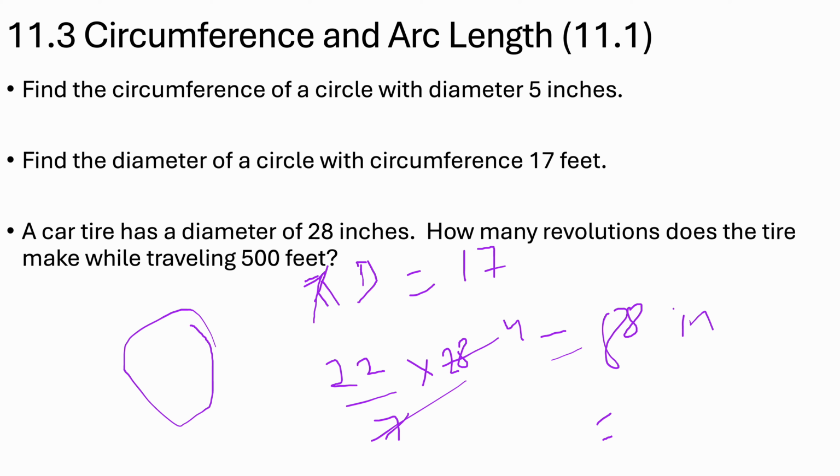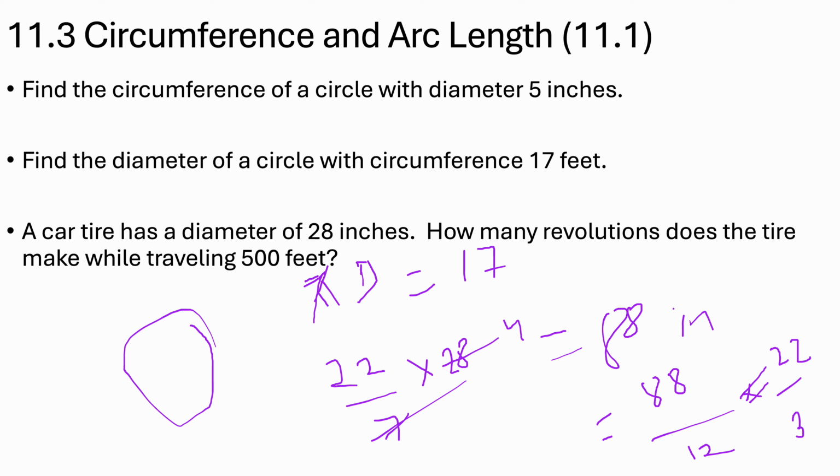So in feet, if you have to do it, it will be 88 divided by 12. If you solve this, it is going to become 22 by 3. So around this much will be covered in one rotation.